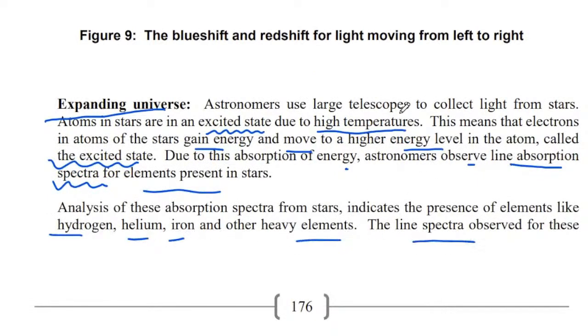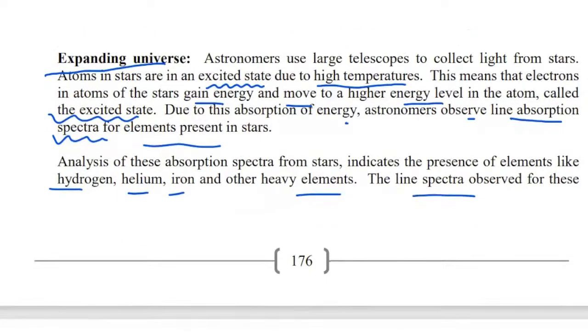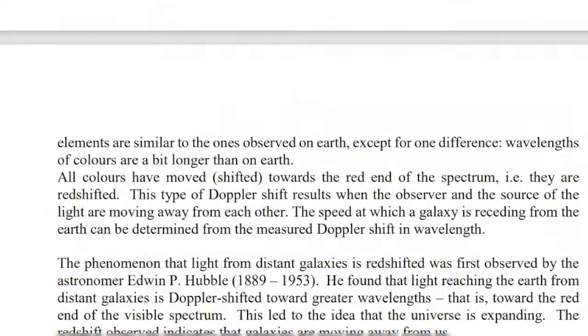The line spectra observed for these elements are similar to the ones observed on Earth, except for one difference: the wavelengths of the colors are a bit longer than on Earth. All the colors have shifted towards the red end of the spectrum, which means they are red shifted, which means they have smaller frequencies.